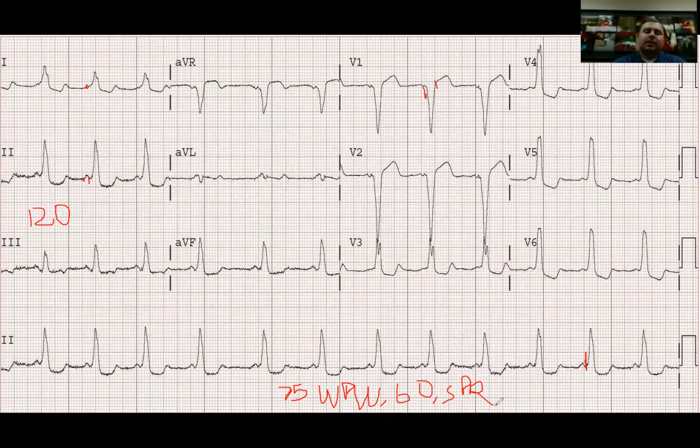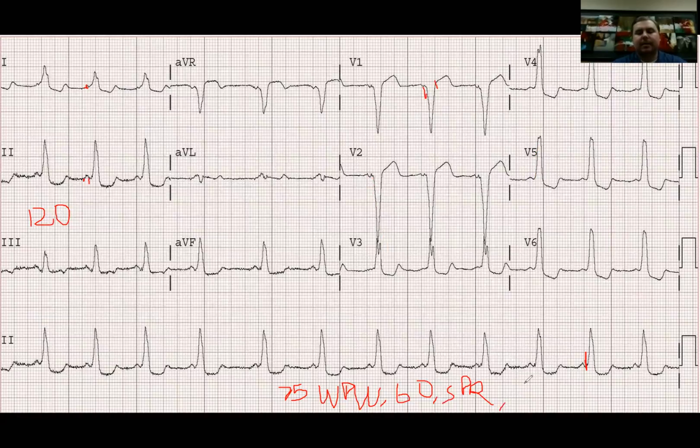And now I need to look for LVH. I can't really. I do have criteria for LVH based off of V2 and V5, but I already have Wolff Parkinson White. So I can't really do that assessment anymore.